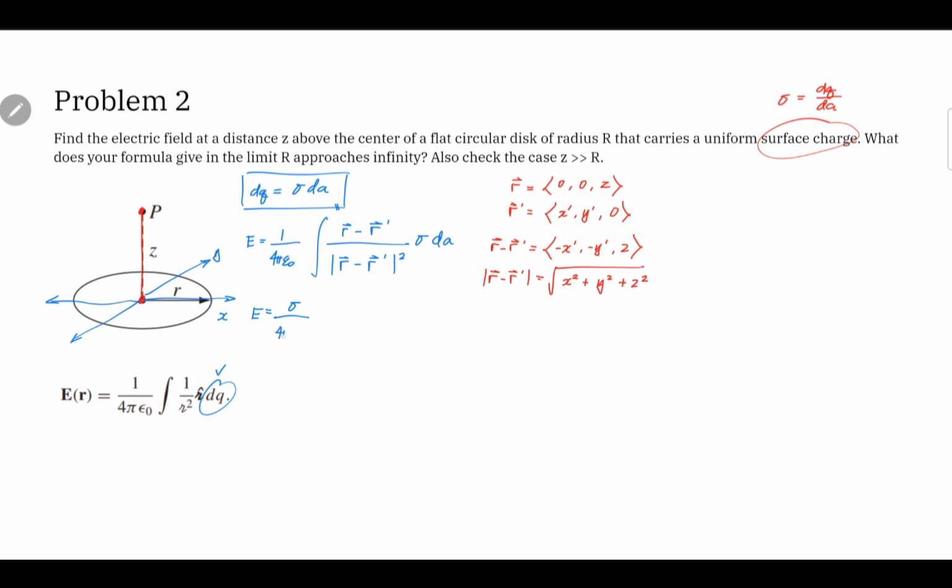Sigma over 4 pi epsilon naught integral of negative x prime, negative y prime, and z all over the quantity of x squared plus y squared plus z squared raised to the 3/2 multiplied by our infinitesimal area dA. For convenience, what we're going to do is transform this into cylindrical coordinate system.